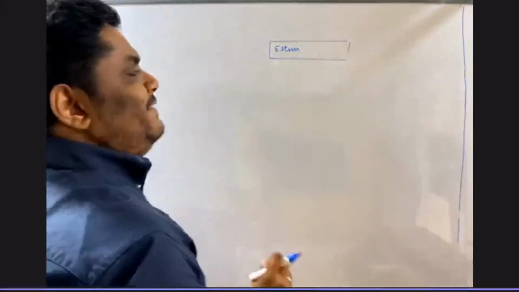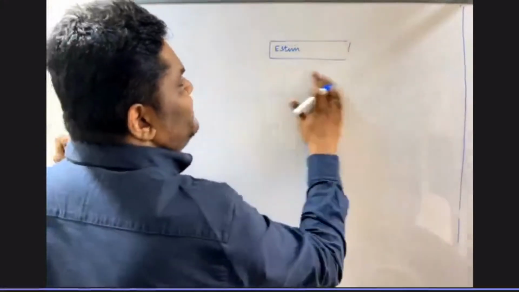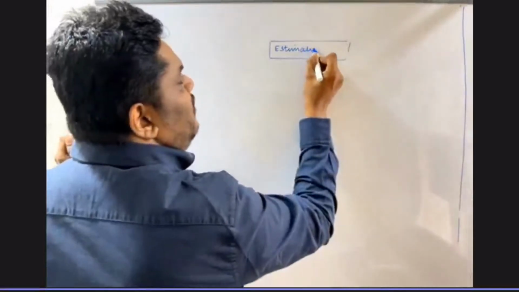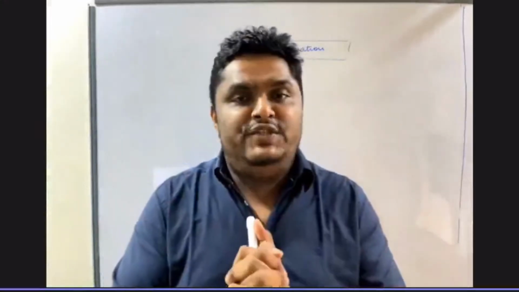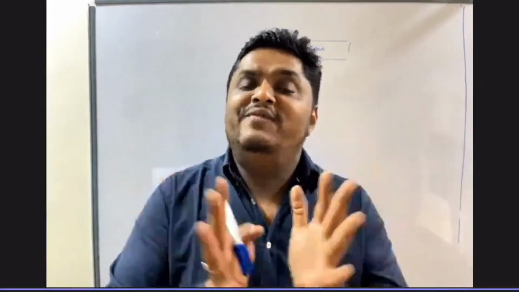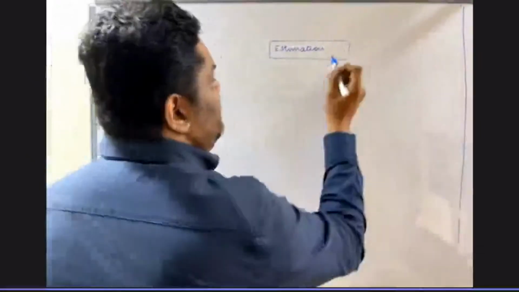The process starts from estimation of overheads. Now, these overheads are estimated by management. From an examination point of view or practical question point of view, this information will always be given in the question. You do not have to do any exercise of estimating overheads. This information will always be given in the question.